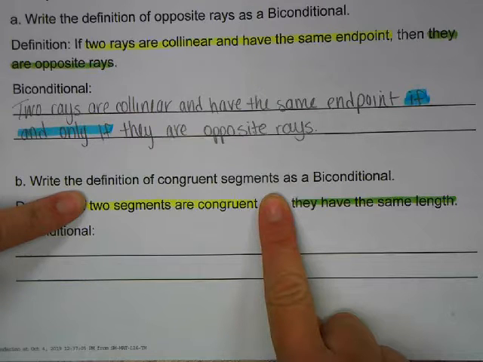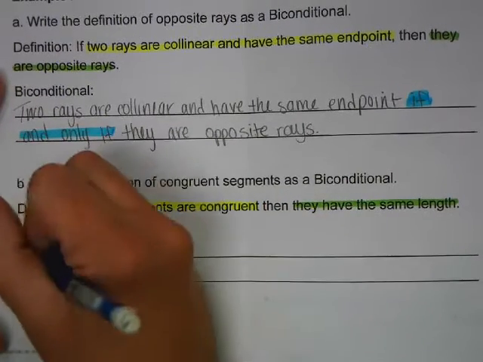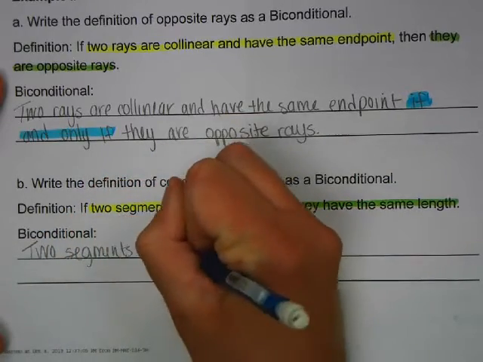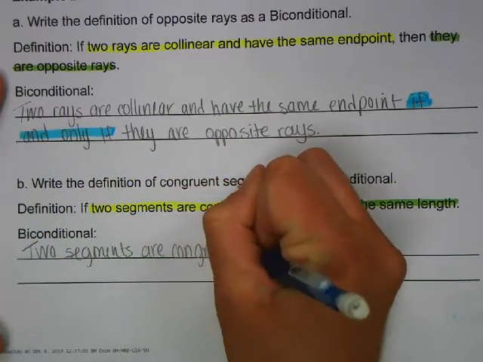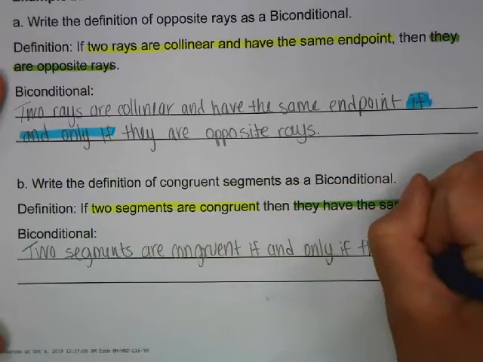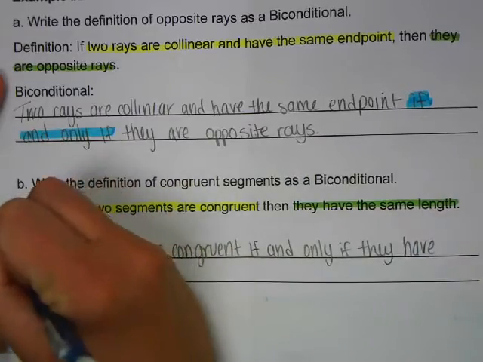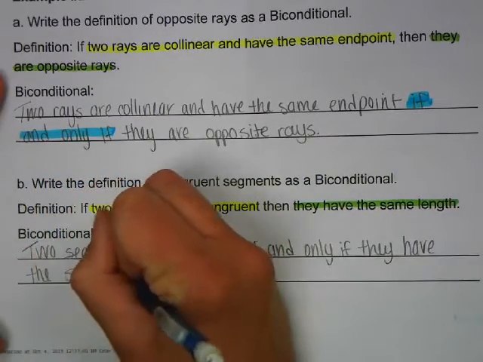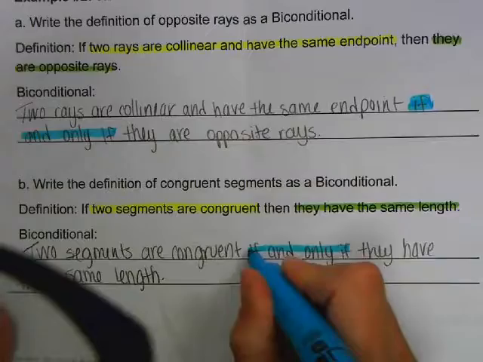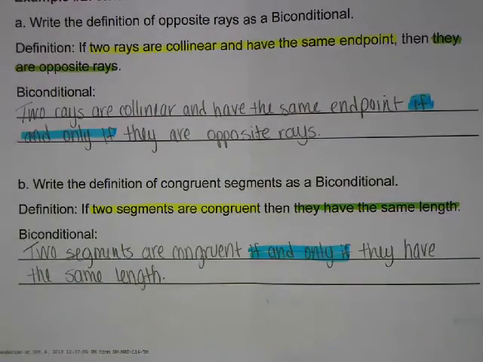So you would say two segments are congruent if and only if they have the same length. So again, get rid of the words if and then and combine the hypothesis and conclusion with the phrase if and only if.